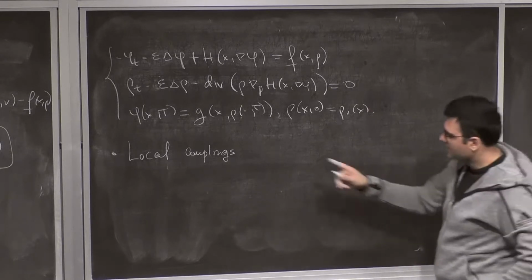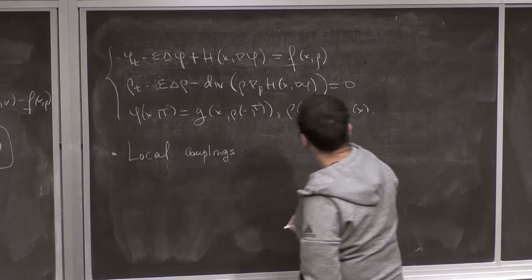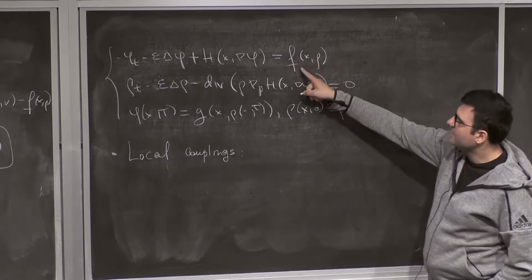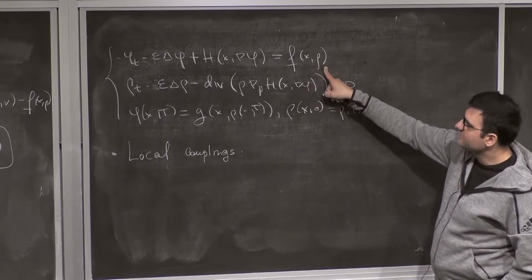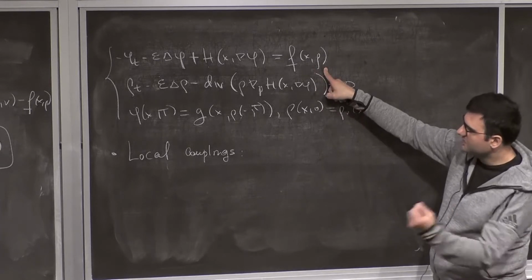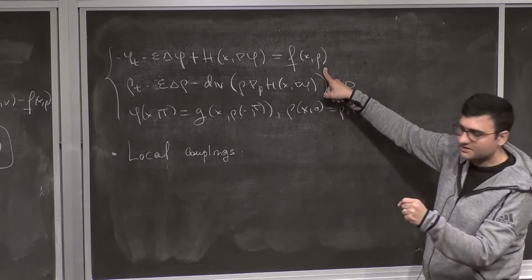In the case of local couplings, this means that this f that depends on the distribution actually depends locally on the density of that distribution at point x.